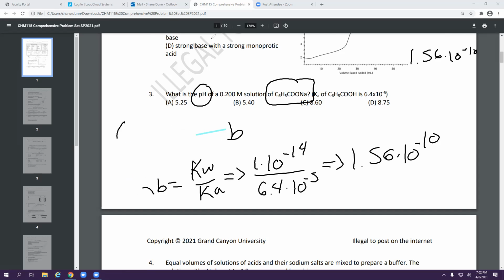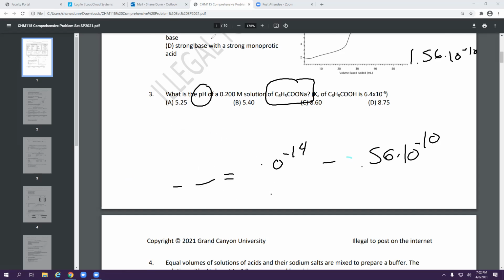But I figured out my Kb value. Good. What's Kb going to help me solve for? Is Kb going to help me solve for pH or pOH? pOH, right? So let's use a different color so you can see it as a different step.